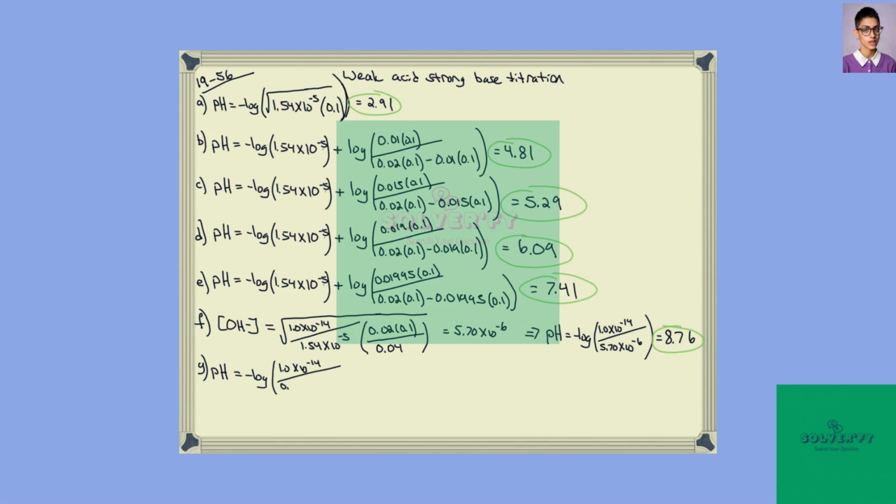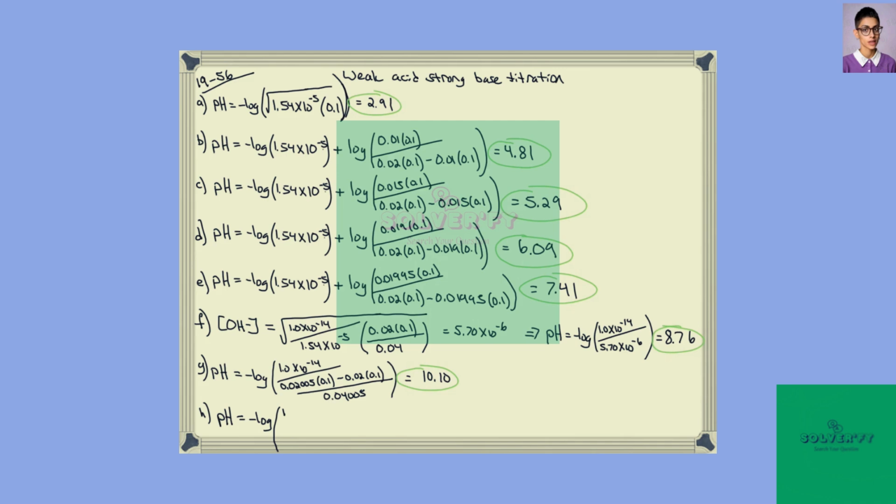How do we get the hydroxide concentration? The hydroxide concentration will be equal to the total amount of strong base, sodium hydroxide, we've added, minus the moles of strong base that reacted, which will be equal to the moles of weak acid we started with, divided by the new volume. So all of this down here is concentration of hydroxide. Divide that into Kw to get hydronium, take the negative log to get our pH, and we get 10.10.